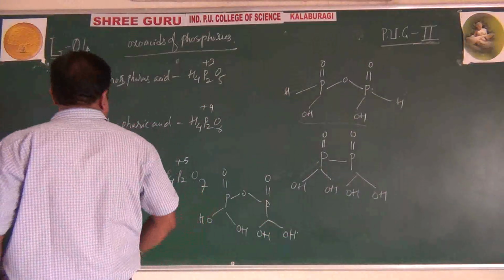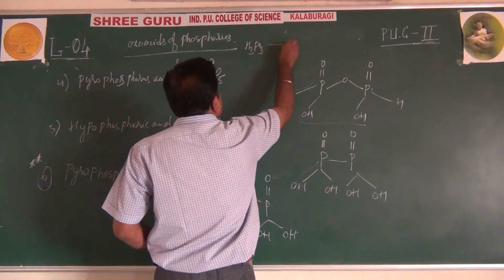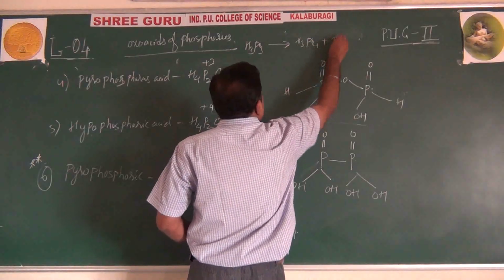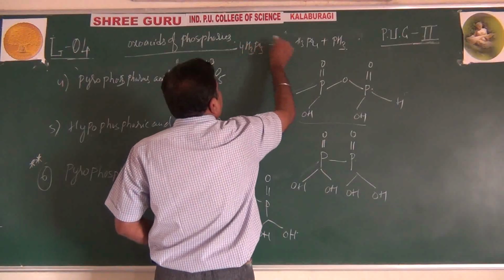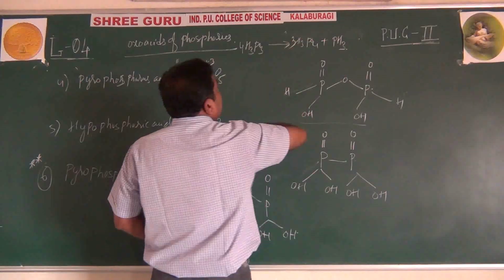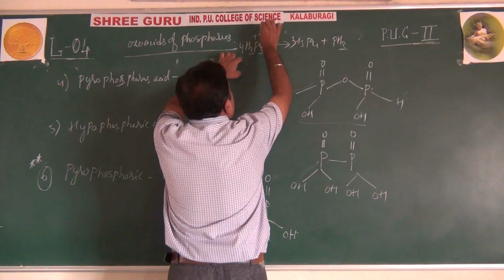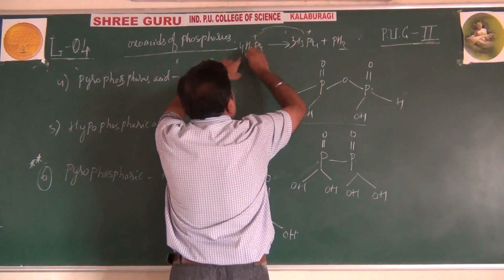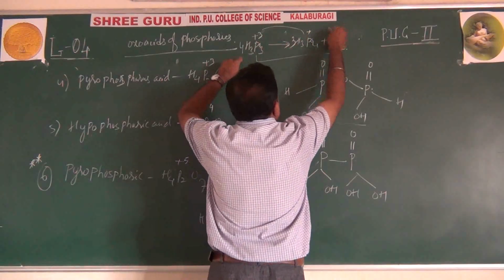One such example I will give you. H3PO3, phosphorus acid, can disproportionate to H3PO4 and PH3. Disproportionate means, just see here, 4H3PO3 gives 3H3PO4 plus PH3. Plus 3 to plus 5, and even to minus 3.